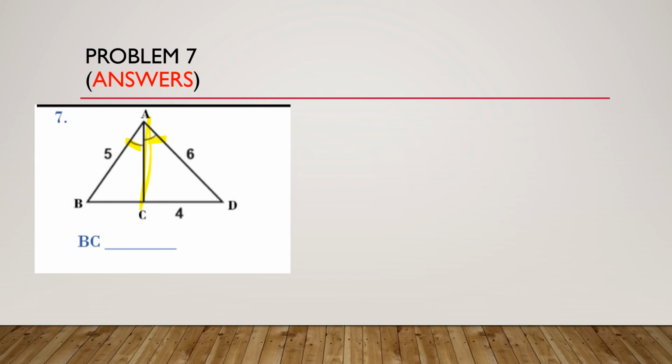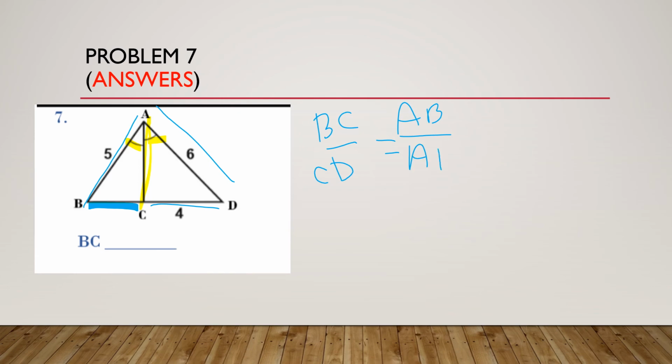Again, we set up our proportion based on how the triangle was split up. So we have B to C was split with C to D, and then A to B on the left, going with the left triangle, is now proportion with A to D.